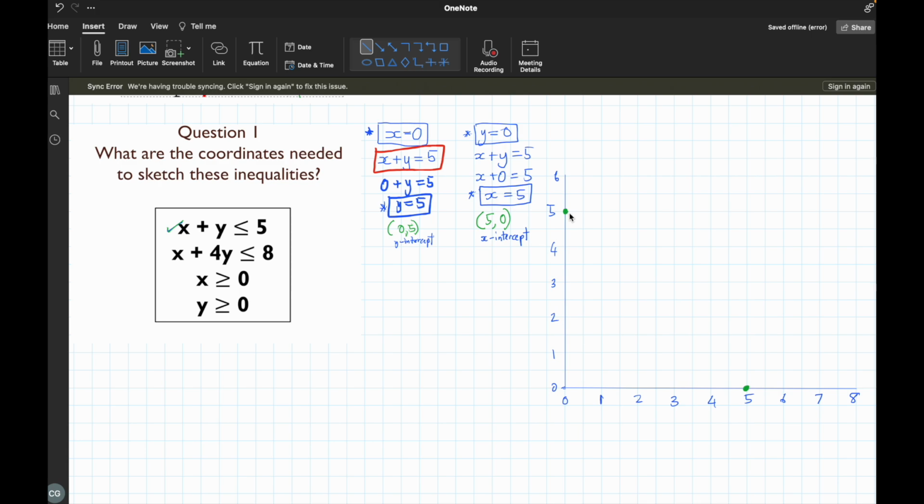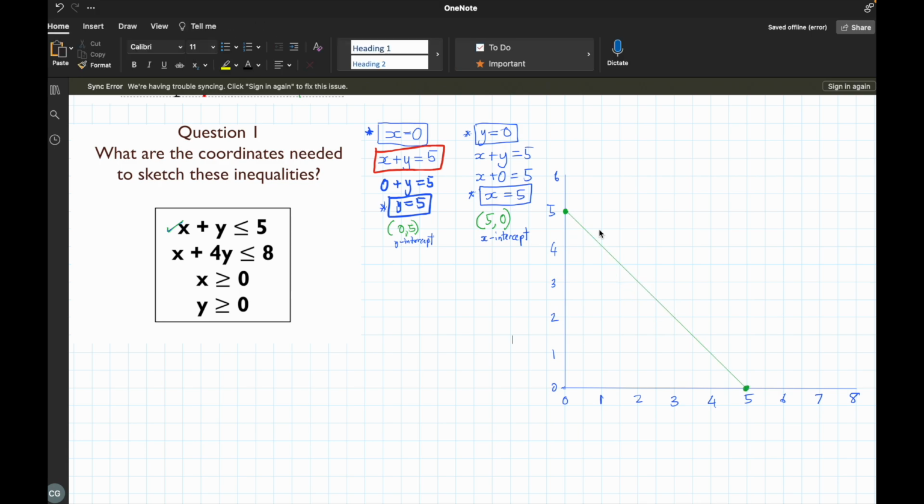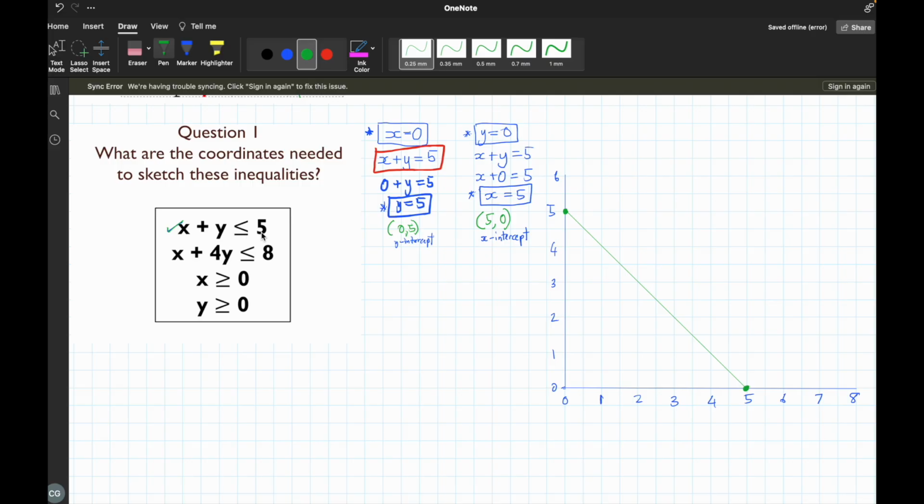So from here to here, this gives me the line x plus y is equal to 5. So this represents that line. And because it says y is less than, where would the shaded region be? Above this line or below this line? Below. Excellent. So I know that this here is x plus y equals 5.